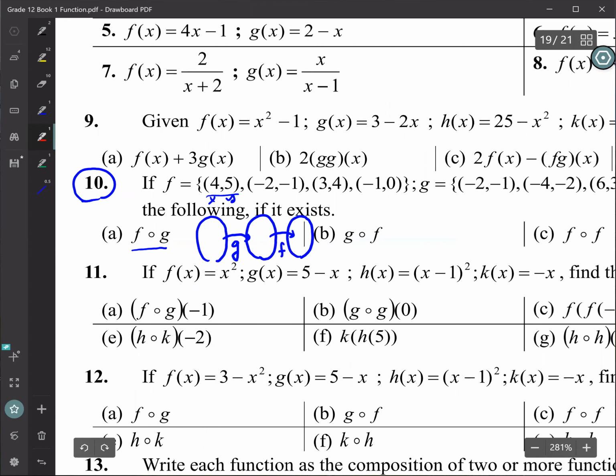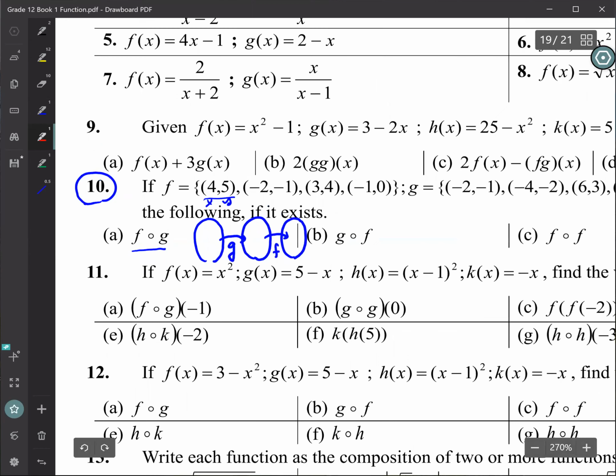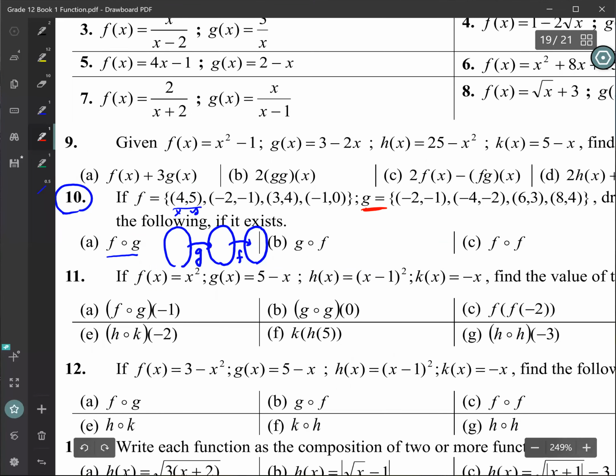So let's say I want to see if it works. Because I start with G, I have to look at the G function here. For example, I want to check -2 and -1. Which one is the input?